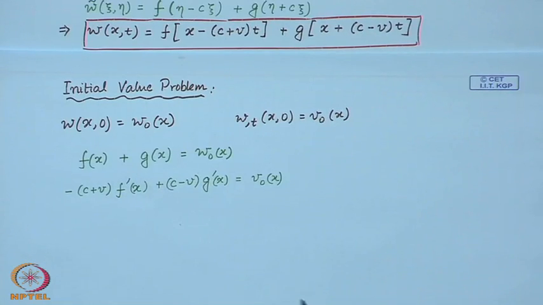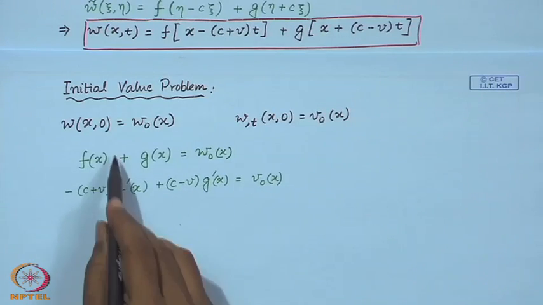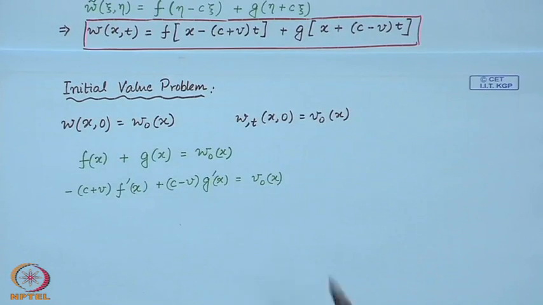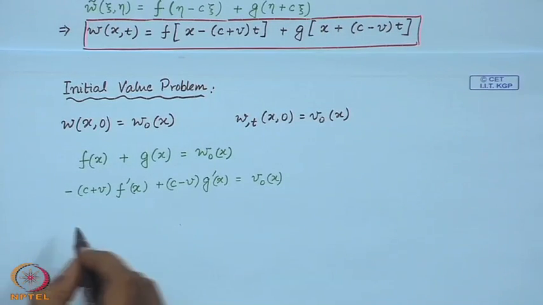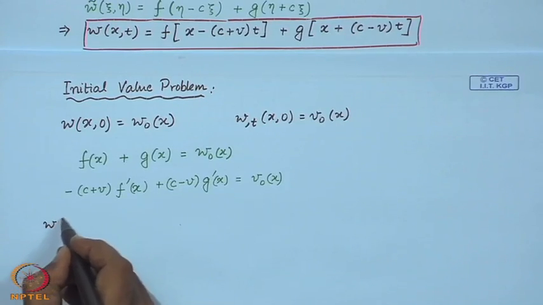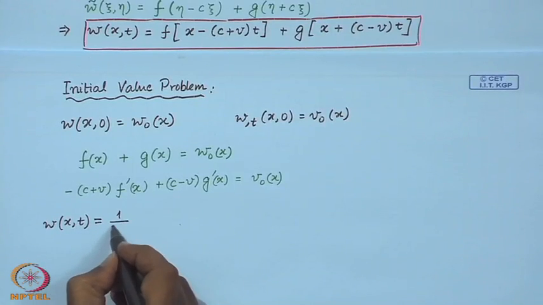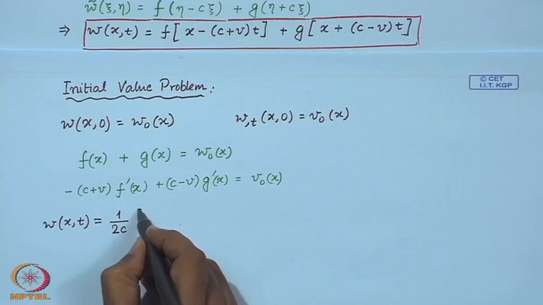So, this we have done before. We have to integrate this second equation with respect to space and then solve for f and g. And if you do that and make the simplifications as we have discussed in one of our previous lectures, the final solution can be easily obtained.